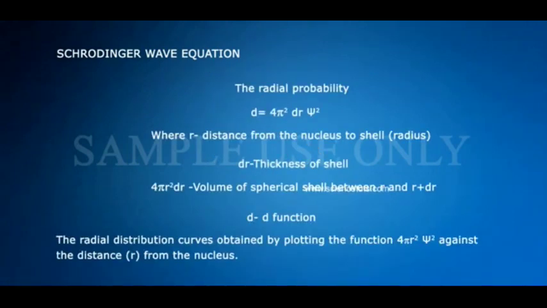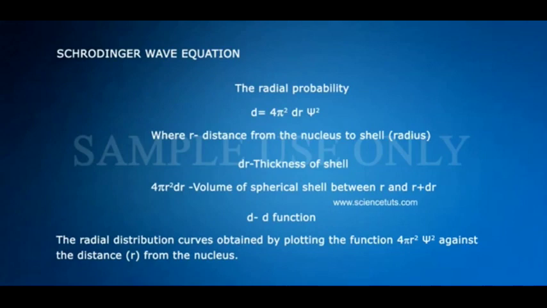The radial probability D = 4πr²dr ψ², where r is the distance from the nucleus to the shell, the radius, dr is the thickness of the shell, and 4πr²dr is the volume of the spherical shell between r and r plus dr.